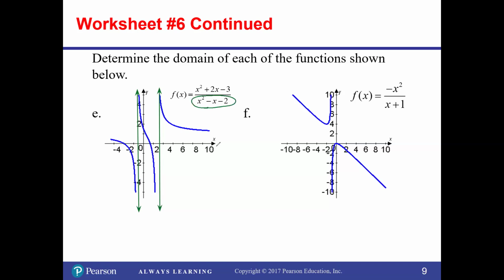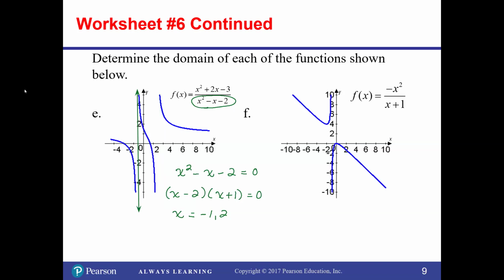So we look at the denominator by setting it to 0 and figuring out where it equals 0. If I factor this, I need factors that multiply to give me -2, but add to give me -1. So that would be x minus 2 and x plus 1, meaning that my zeros would be -1 and 2, which is almost what we had here.